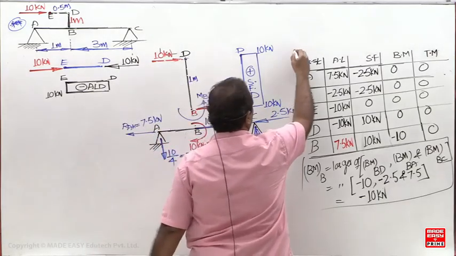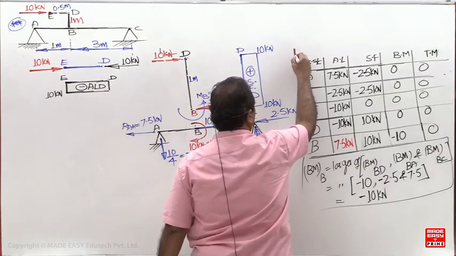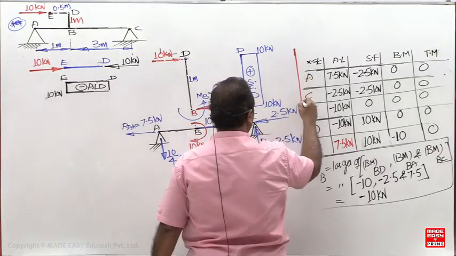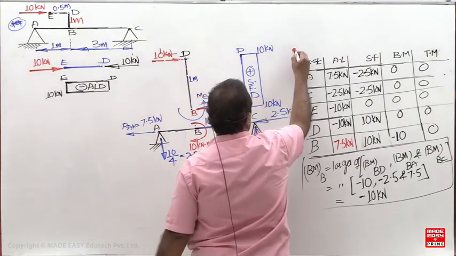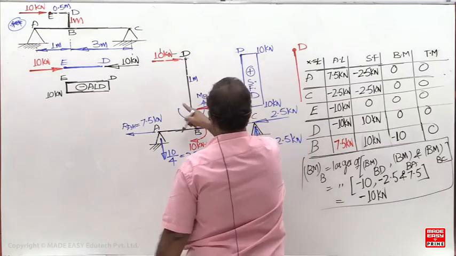What about the BMD? Here bending moment is 0. This is minus 10.